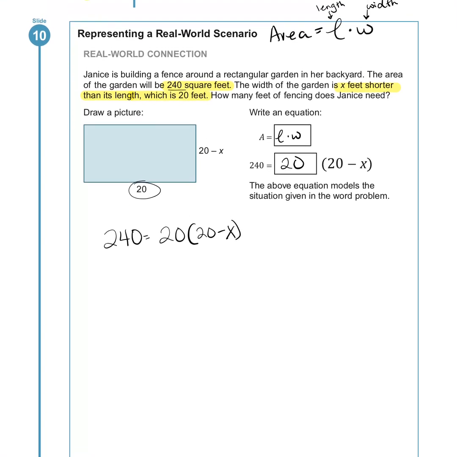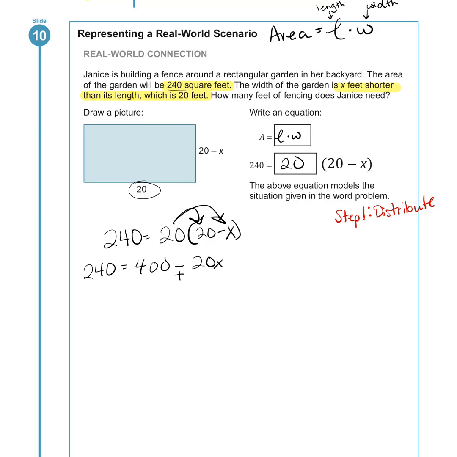So now, they don't give me the steps, but we're going to write them out on the side. Step 1, distributive property. I'm just going to write distribute to save some time. I'm going to distribute. That gives me 240 is equal to 20 times 20, so I'm going to have 2 zeros. 2 times 2 is 4, so 400, minus 20x.